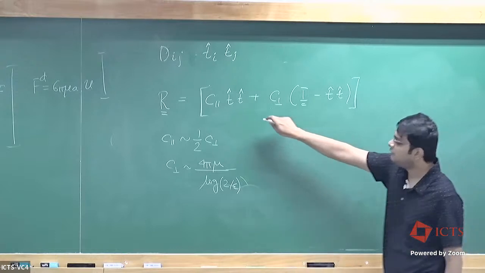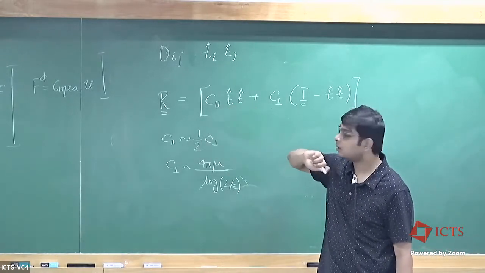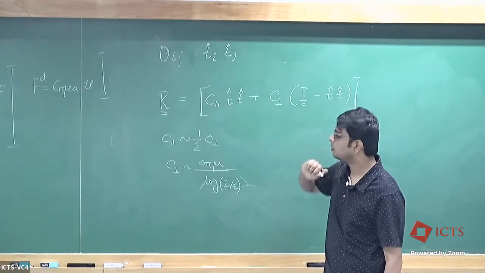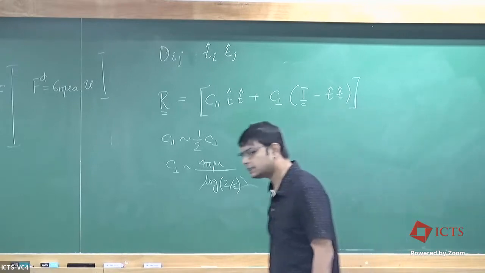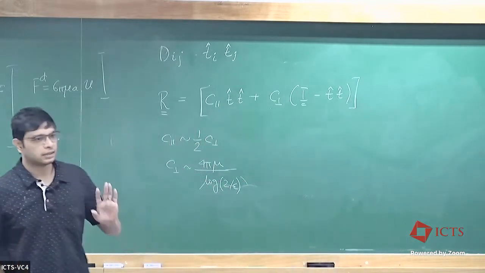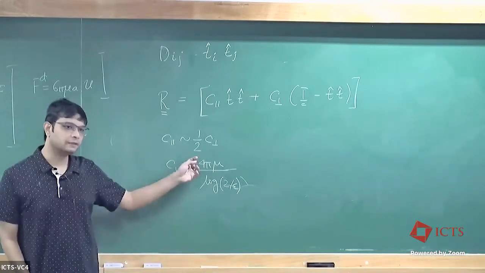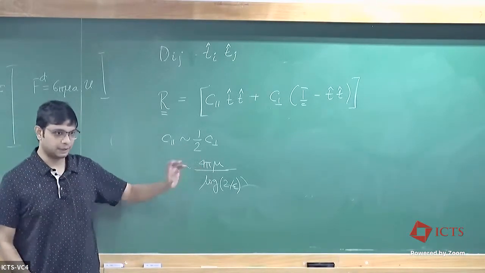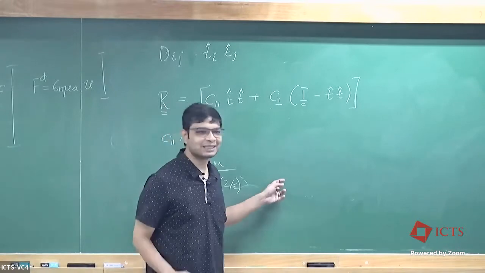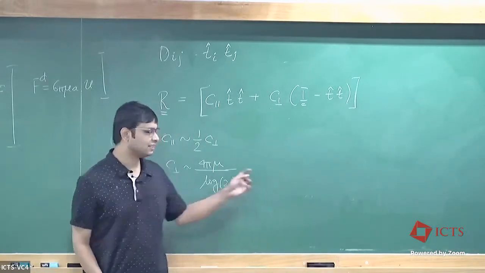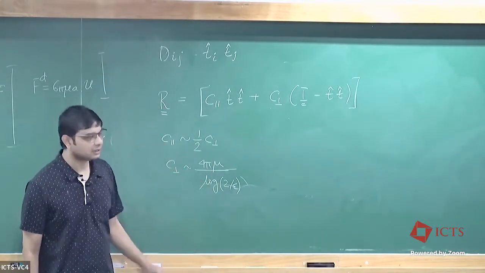By the way, C perp is approximately equal to twice C parallel. This is a result that comes out of the calculation. So you have to sort of take my word for it. There is a way to prove it, but this is beyond the scope of this class. Okay, so this just comes out of it.